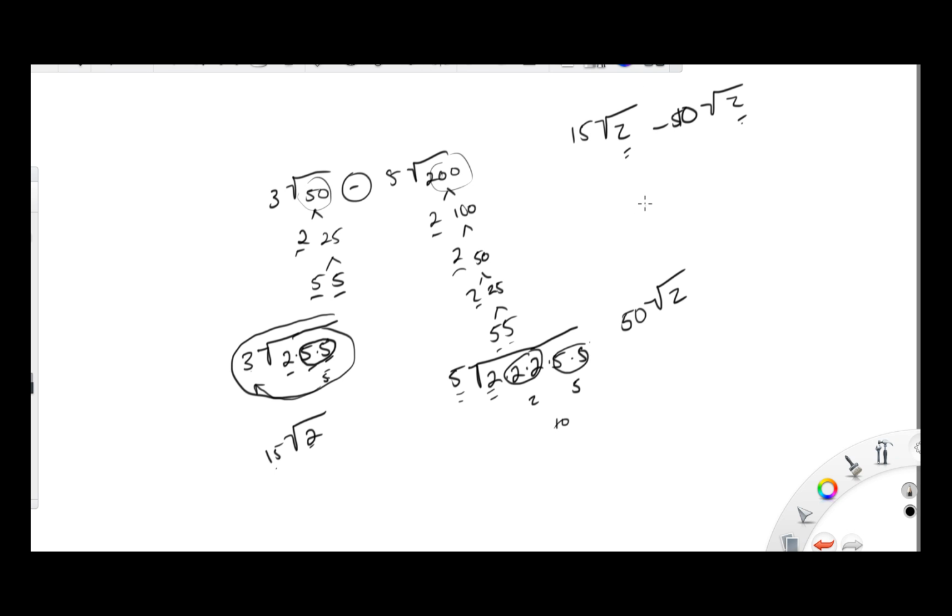So 15 minus 50 is negative 35 times the square root of 2. That's our answer. Okay, so these problems are not that difficult. That's adding and subtracting. Of course, if we added it, you'd just have a positive. It would be 65 instead of negative 35. So again, not too difficult.